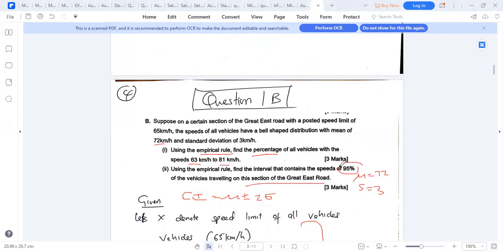To start with 95%, we're going to say confidence interval will be mu plus minus Z. Here, mu is 72. Our standard deviation is 3. At 95%, our Z is 2.